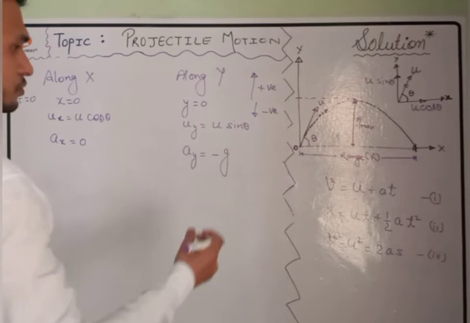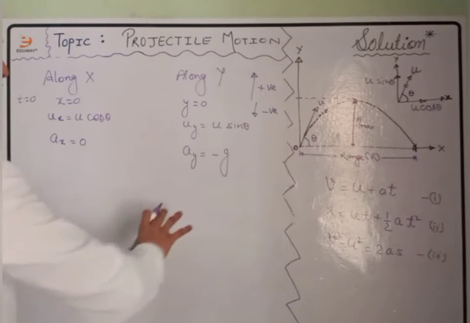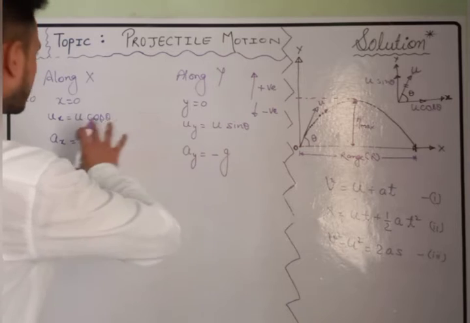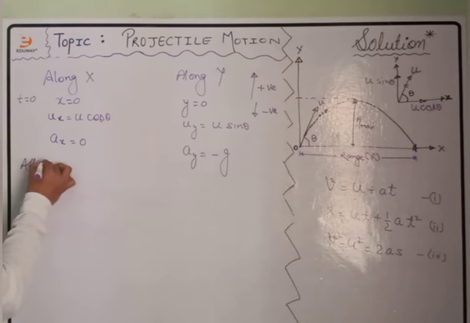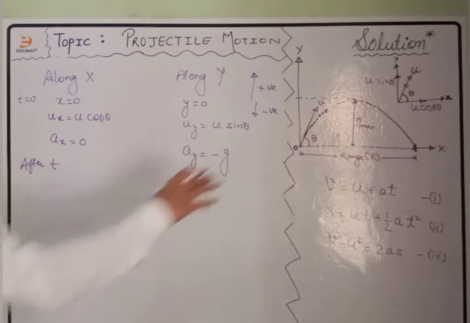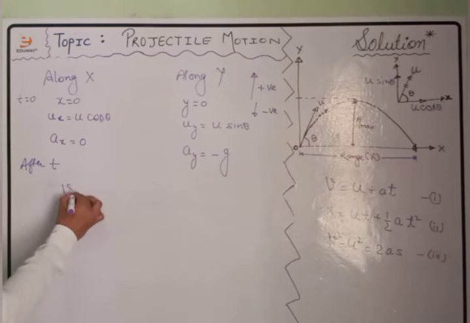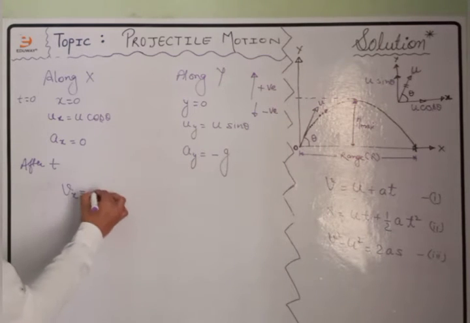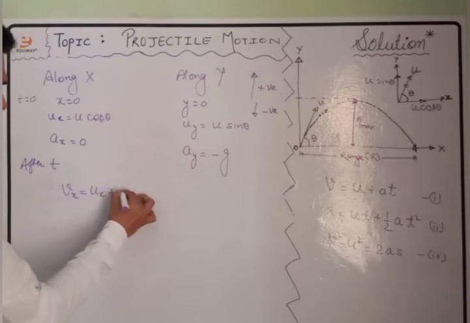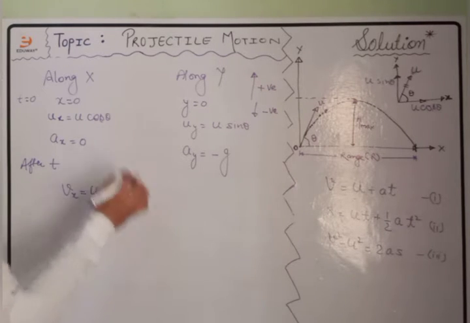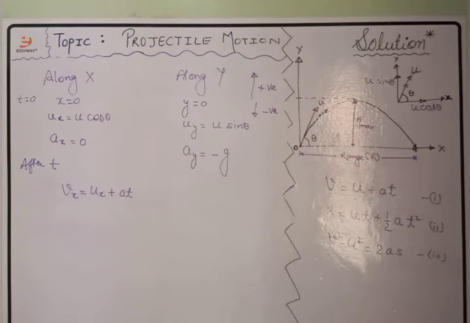Now we are going to write the three equations of motion for both these directions. After some time t, we will write velocity along x: vx equals ux plus ax t.